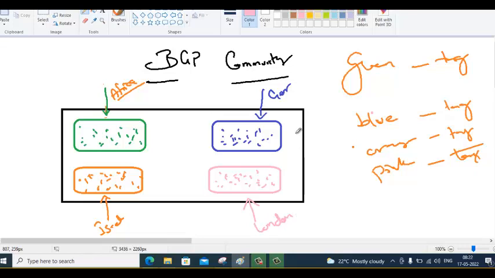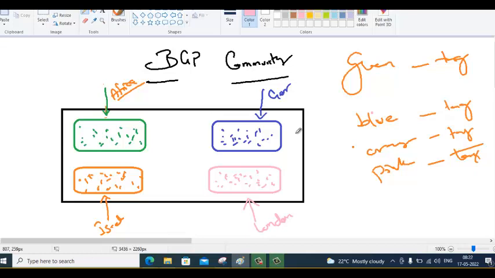So there's a function behind the tags. Orange means sending it to Israel. Green means sending it to Africa. Blue means sending it to Germany. Pink does not mean send to Africa. It says the service needed is sending to London. So because of this color, you are able to provide different services.